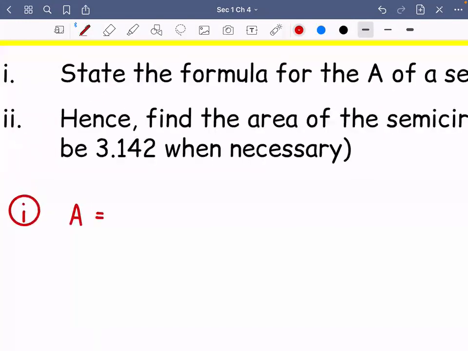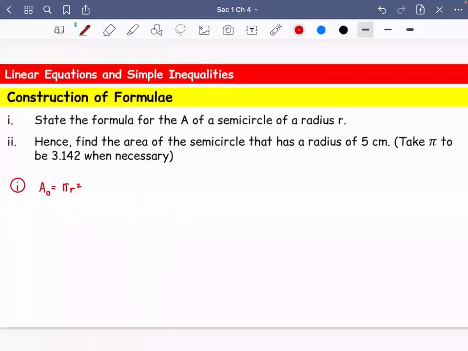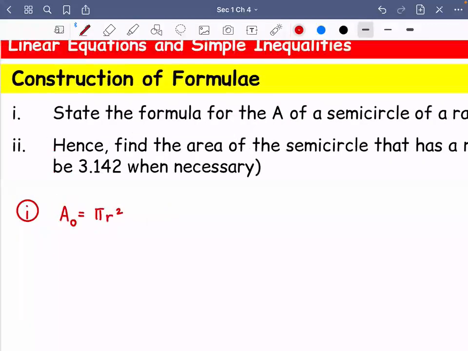Okay. 2 times radius. Oh, that's the circumference, 2 times pi times the radius. Area. Okay, let me answer that. So it's pi r squared. Just that. Okay, so that's for a circle.